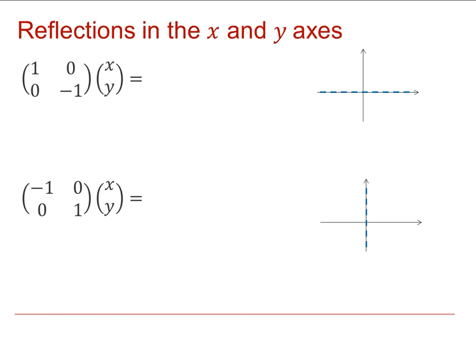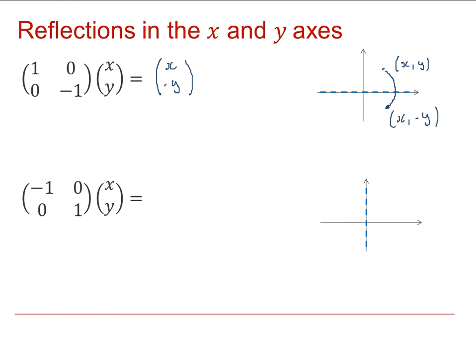Now considering the reflections in the axes, first of all the x-axis, here the x value remains the same, the y value becomes the negative of its original. So we can see that a point that was here at (x, y) is transformed to a point down here with the same x coordinate but negative the y coordinate.